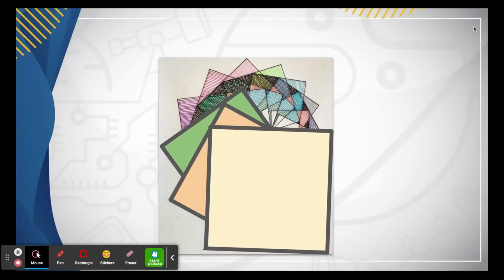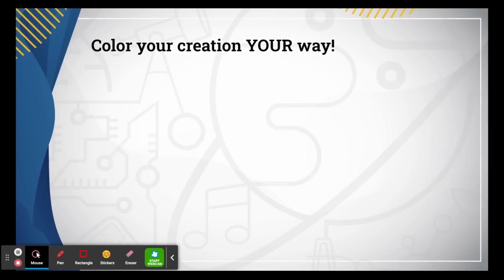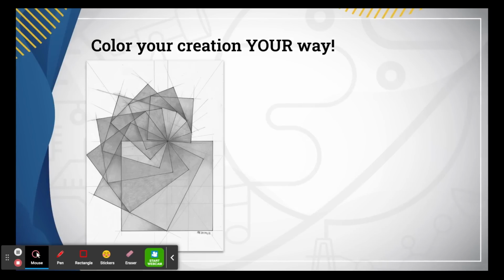Welcome back. Now that you have had an opportunity to trace each and every one of your Post-it note squares getting smaller and smaller, you should have a really cool spiral fractal. So now you're in a color creation your way.